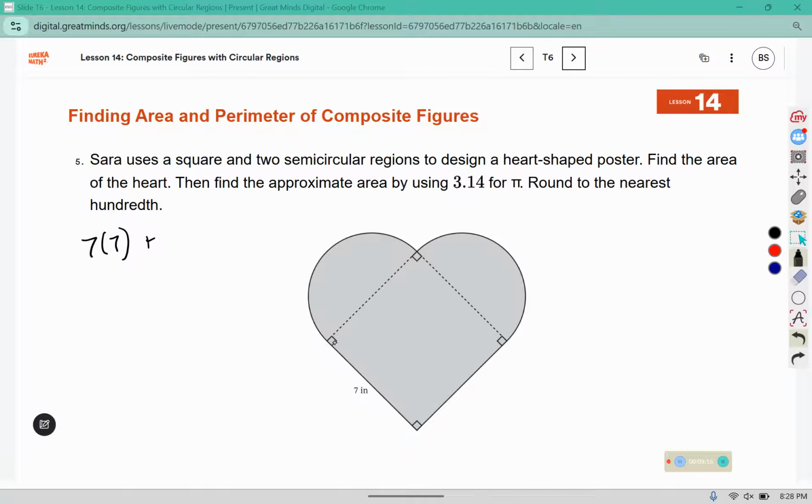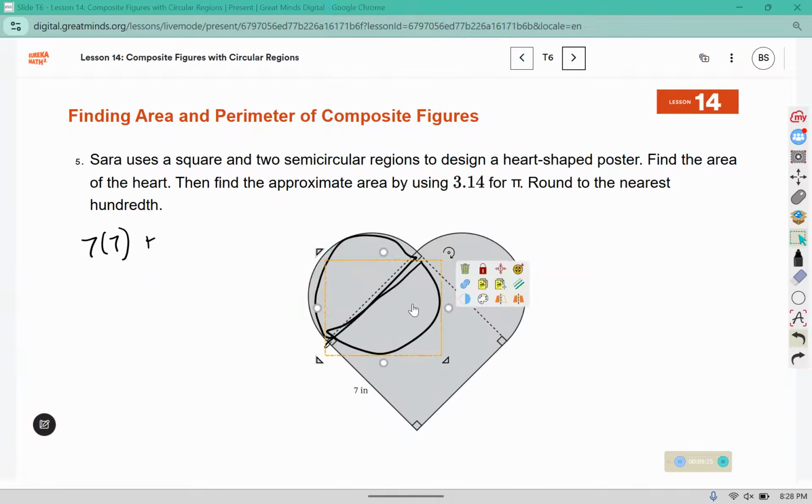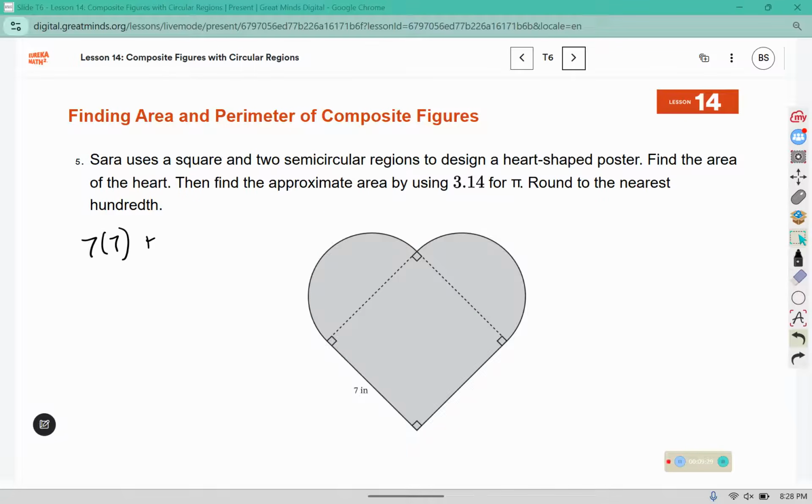Plus I have 2 semicircular regions that are the same size. So if I were to connect them, I would have a full circle. So we're going to use plus the radius squared times pi. I don't have to divide it by 2 because I have 2 half circles.